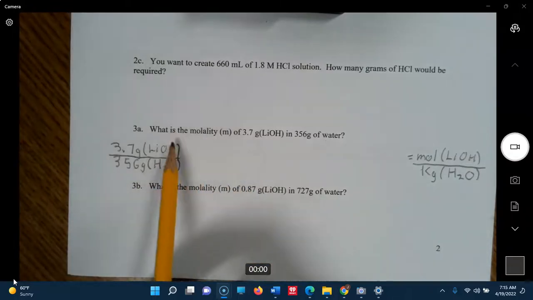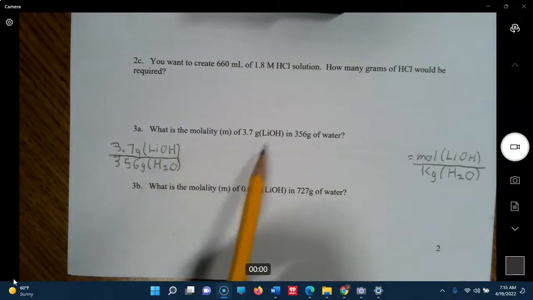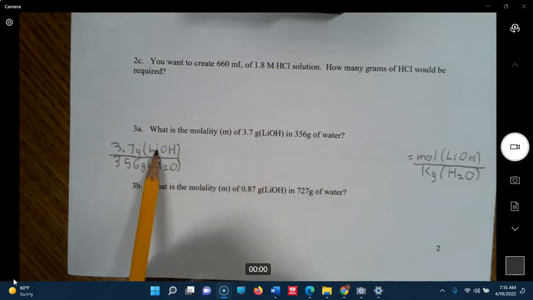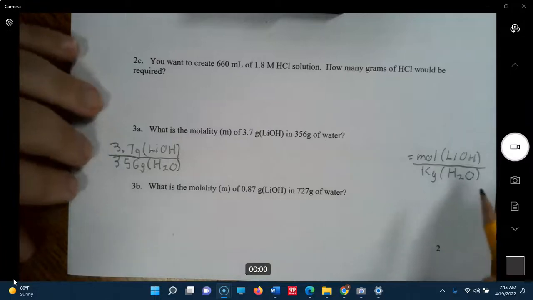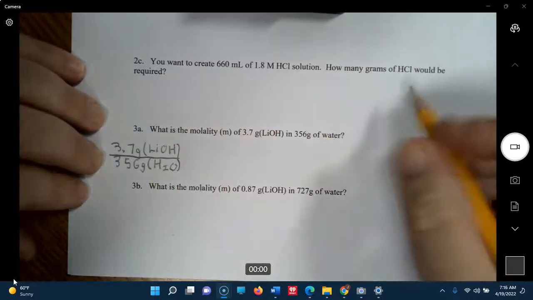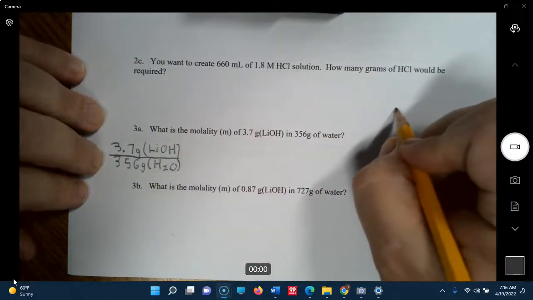We have grams of LiOH mixed in the solvent, which is grams of H2O right there, and that's what was given. So we have to get from grams of LiOH to moles of LiOH. Again, that's another molar mass conversion. So let's go ahead, I'm going to figure that out. Again, you need to use this space, but I don't have to, so I'm going to write it up here.